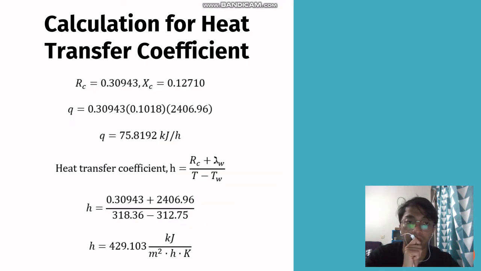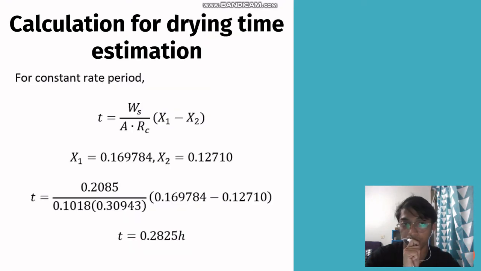Then we can use the values obtained to calculate Q, which is equal to 75.8192 kilojoule per hour. And we can calculate the heat transfer coefficient h, equal to Q over A times T minus Tw, and we get h equal to 429.103 kilojoule per meter square hour Kelvin.